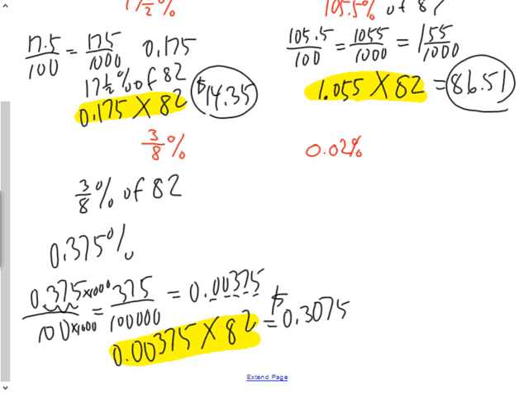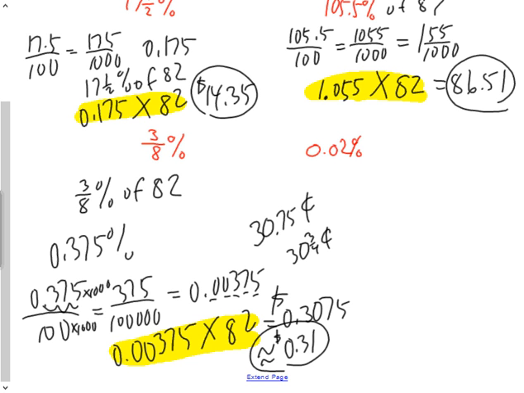Another way to say that would be in Faith's way. Faith said you could think of it as cents, so 30.75 cents, or 30 3/4 cents, which is kind of cool. Or approximately, which is probably what most people will do, round it to the nearest penny and call it approximately 31 cents.